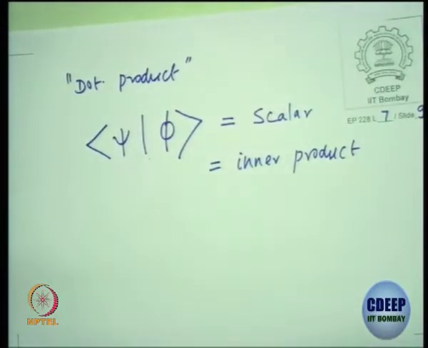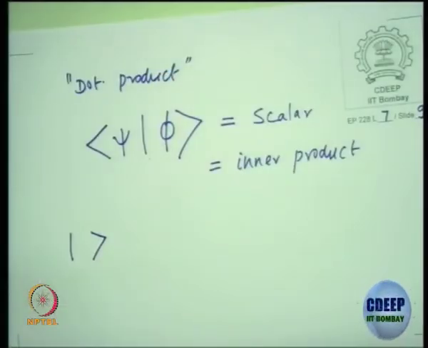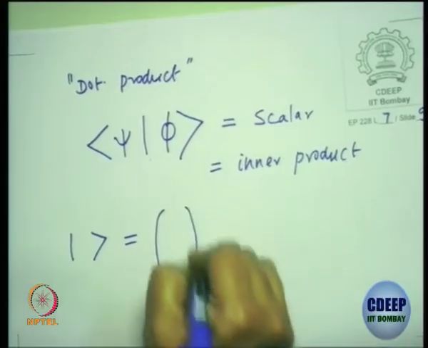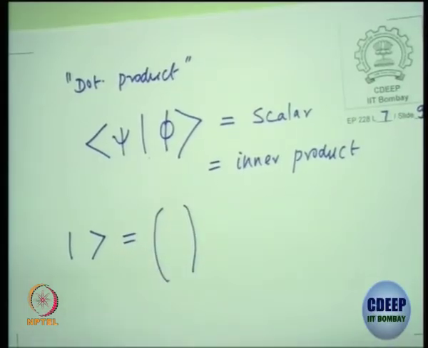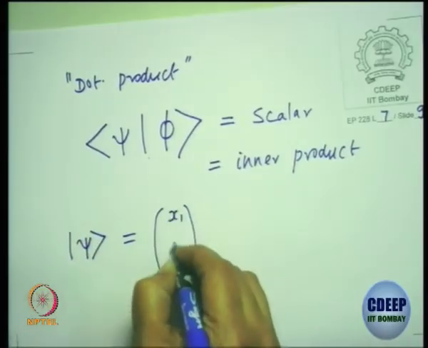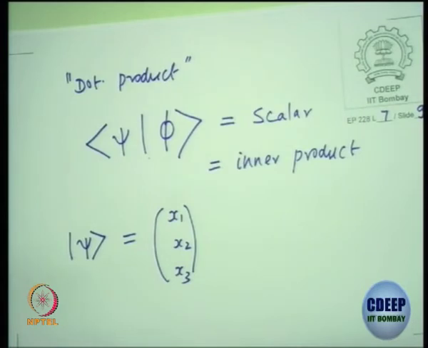Okay. So, to make contact with your familiar R3, let us write the ket vector as a column. Suppose I want to write a ket vector psi as x1, x2 and x3. Then to get a number, you are all familiar with matrix mechanics.